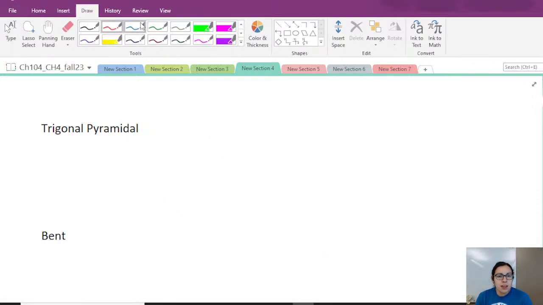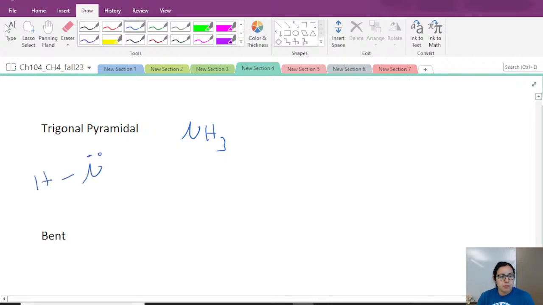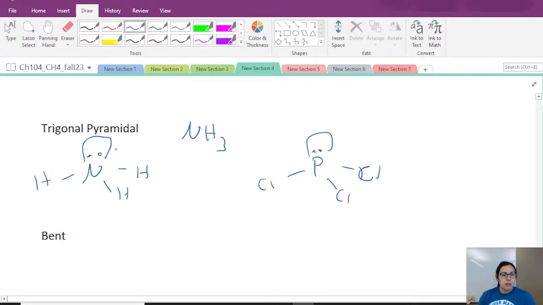Yeah, NH3, or ammonia. So this is our classic trigonal pyramidal example. It's just good to have that in our back pocket. We also mentioned all our phosphorus compounds that look the same. They tend to have a lone pair with that trigonal pyramidal shape.